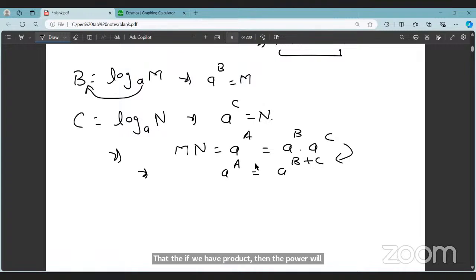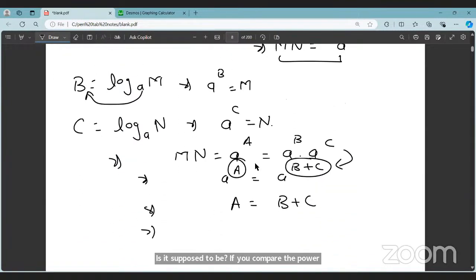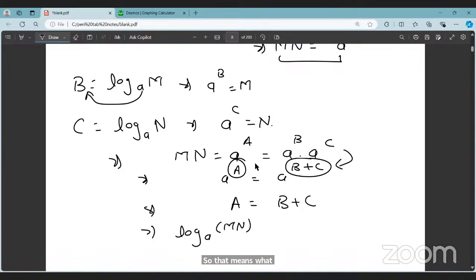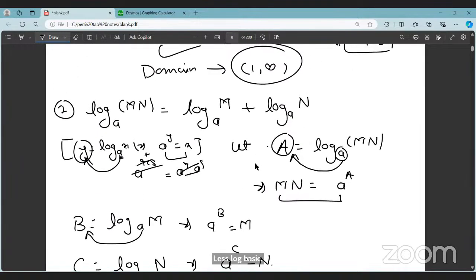So now if you do the reverse, we will simply get that A is equal to b plus c, if you compare the powers. So that means I'll get the required equality: log base a of mn is equal to log base a of m plus log base a of n, right? So this is a central idea for proving all the properties of log.